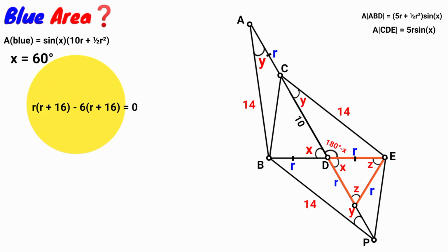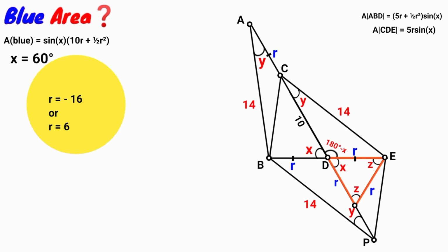From R into bracket R plus 16 minus 6 into bracket R plus 16, R plus 16 is common. We factor it out. So it is R plus 16 times R minus 6 equals 0. That is R plus 16 equals 0 or R minus 6 equals 0. Make R the subject of the formula. So R equals minus 16 or R equals 6.